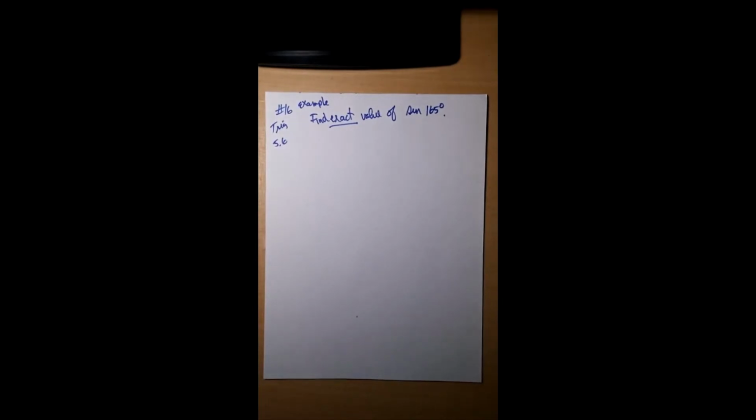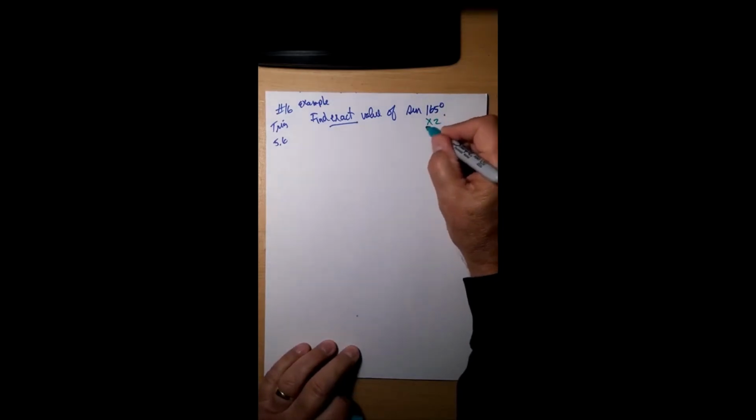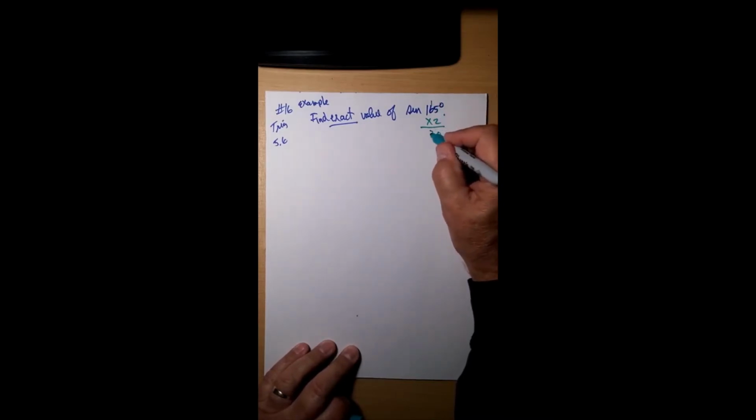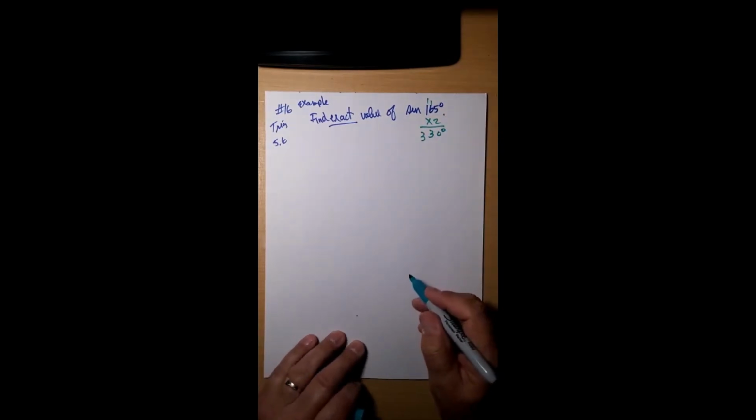Trigonometry, section 5.6, example problem number 16. Find the exact value of the sine of 165 degrees. Well, first of all, since we're in the half angle formulas, this must be half of an angle. If we double that, we get 330 degrees.